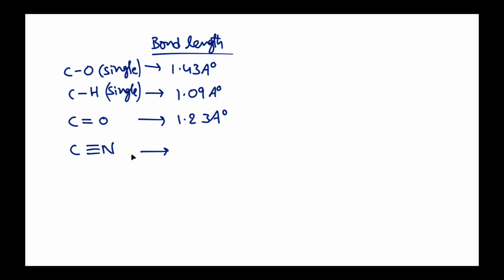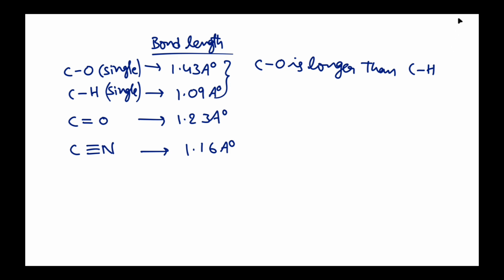The C≡N triple bond length is 1.16 angstroms. Of these two single bonds, C-O is longer than the C-H bond length.